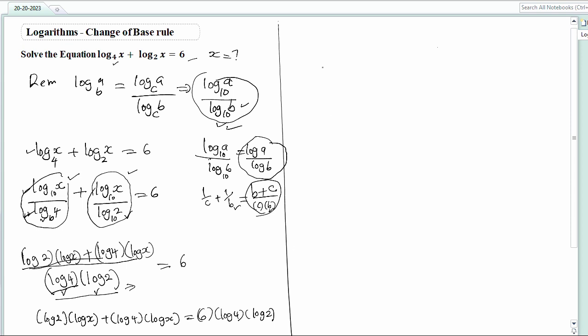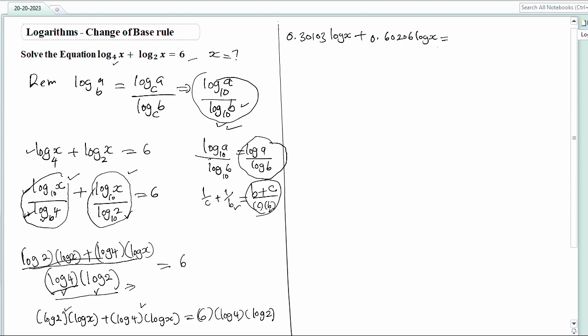Now, since we are able to work out the value of log 2 and log 4 from our calculator, you'll find that the value of log 2 is 0.30103, and this multiplies log x, added to the value of log 4 from the calculator, which is 0.60206 log x.